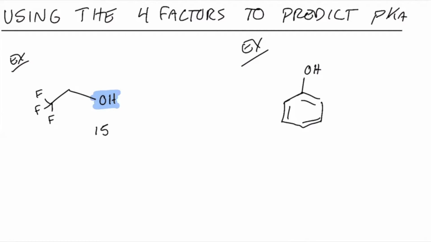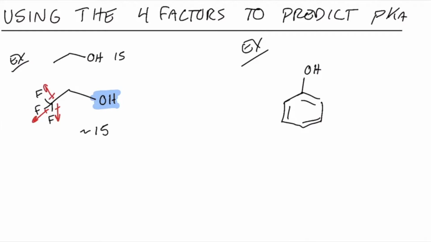Now, if we think about the other factors that are here compared to, say, our regular alcohol, so this one is definitely going to be around 15. This one is somewhere near 15, but we're not exactly sure where. Hopefully these fluorines are raising a little red flag in your mind to say, oh yeah, I remember Grace said that they have strong dipoles that pull toward themselves that could help stabilize a negative charge.